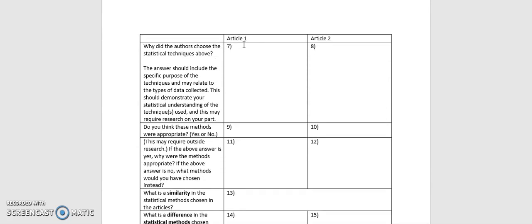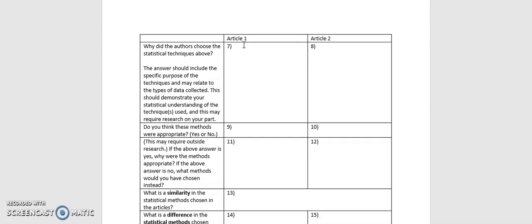Okay. 7 and 8 are why did the authors choose the statistical techniques above? So you have to pair the data in the article and talk about that with respect to the purpose of your tests. Okay. It should be very clear what the purpose of a test is. And a test is not just to compare two groups. There are myriad tests to compare two groups.